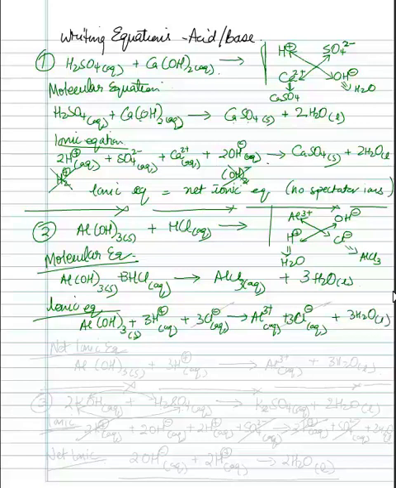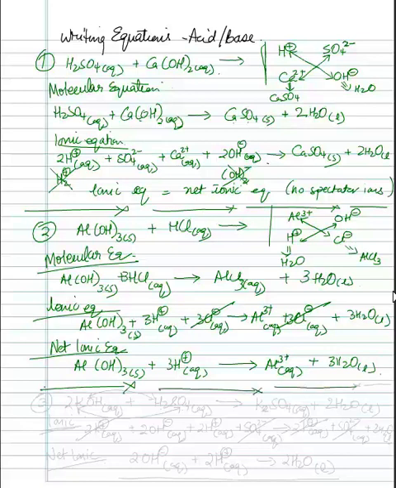Again, let's see if we have any spectator ions. We do this time. The chlorides are spectator ions, so our net ionic equation is aluminum hydroxide solid plus 3H plus aqueous, which gives us aluminum 3 plus aqueous plus 3H2O liquid. That is our net ionic equation.